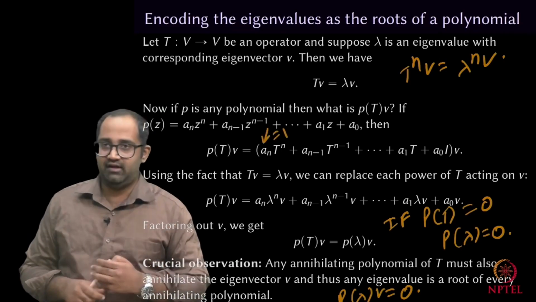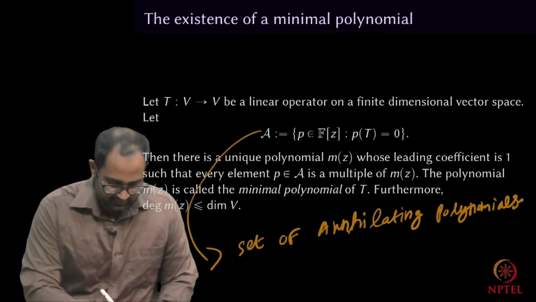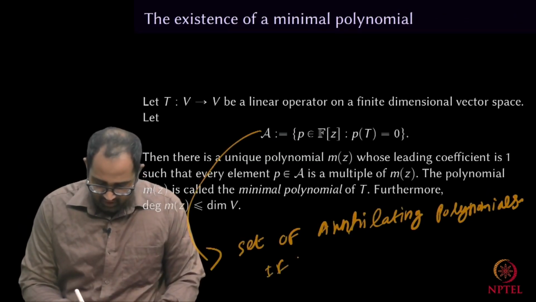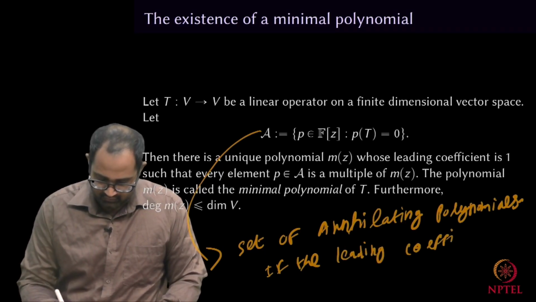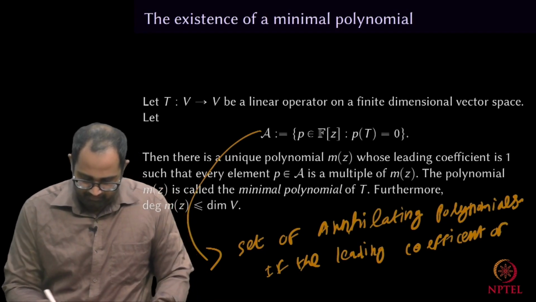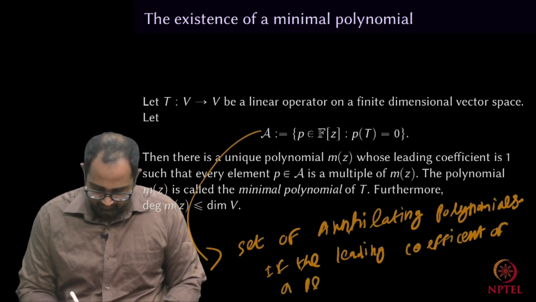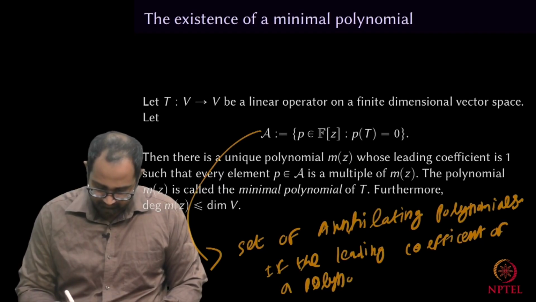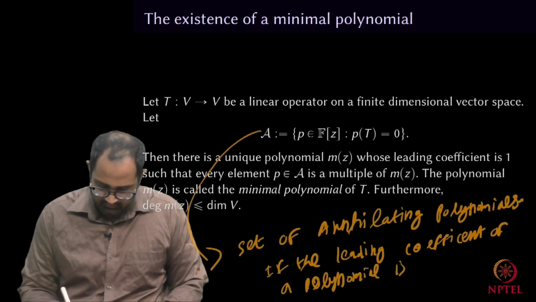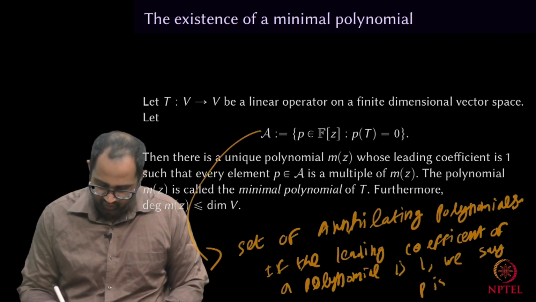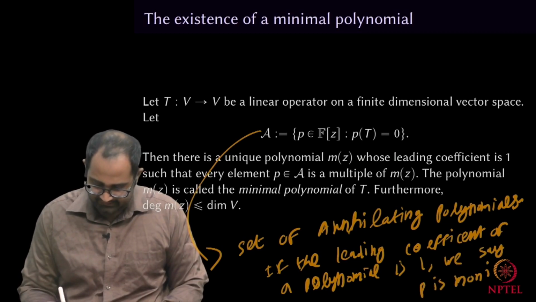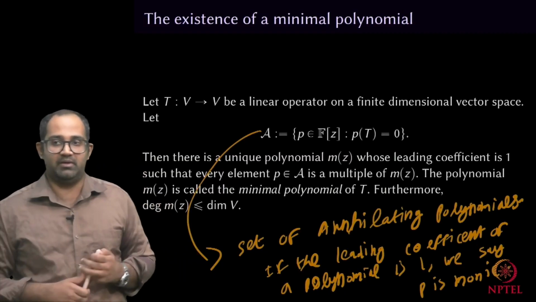If the leading coefficient of a polynomial is 1, we say p is monic, M-O-N-I-C. It's a monic polynomial.